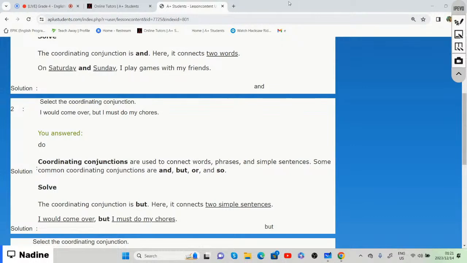Coordinating conjunctions are used to connect words, phrases or simple sentences, and some common ones are and, but, or, so. So if we look at the sentence, I would come over, but I must do my chores, what is the coordinating conjunction?